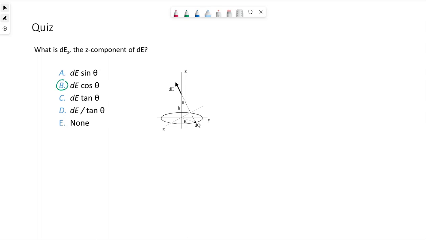The correct answer is B. The z component right here. This angle would also be right here, and that makes this z component of the electric field adjacent to the angle. dE is the hypotenuse, and so cosine of that angle would be the z component of dE over the magnitude.